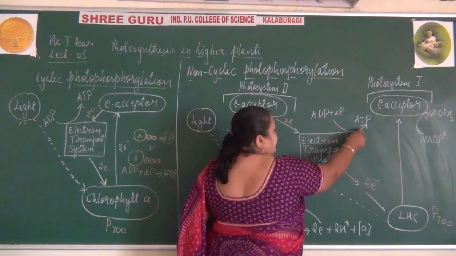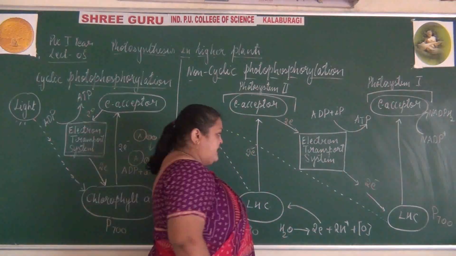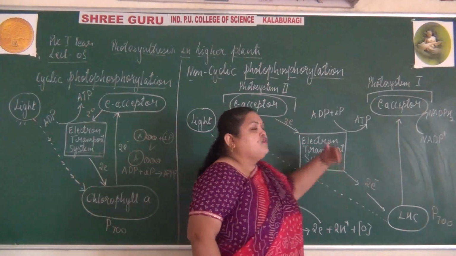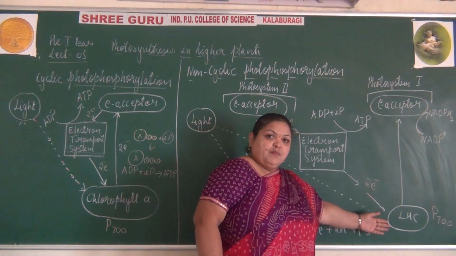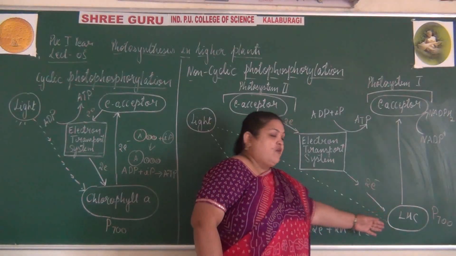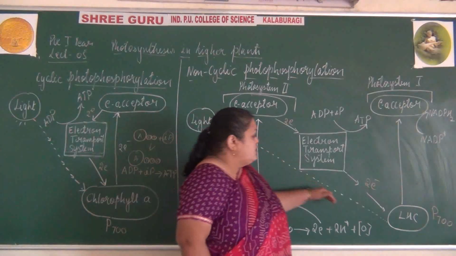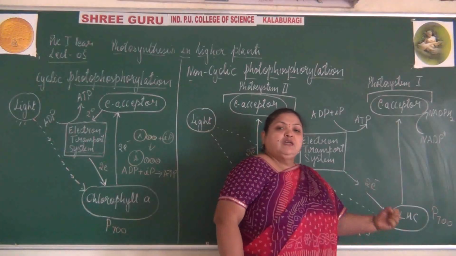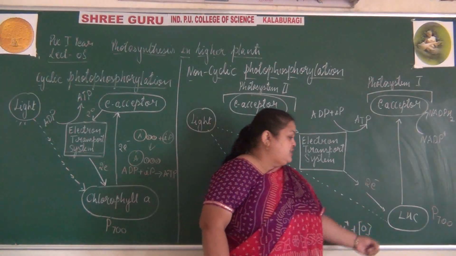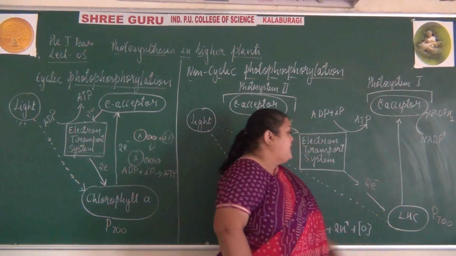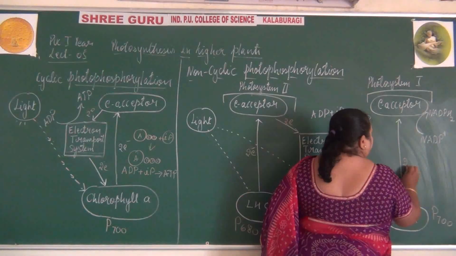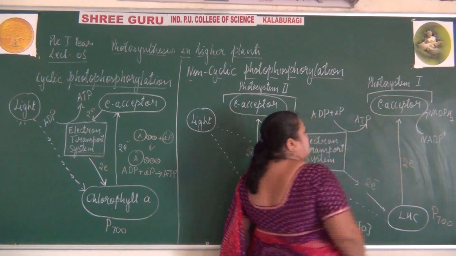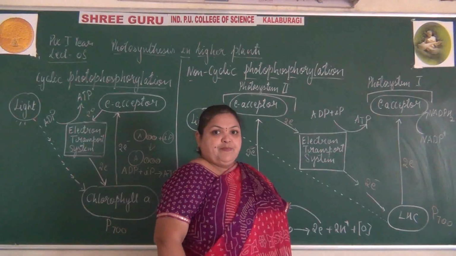So in this, the ATP is being synthesized, and the electrons reach the photosystem 1. Again, when the light falls on the photosystem 1, which absorbs light of wavelength 700 nm, it emits the electrons, and the electrons again reach the primary acceptor.